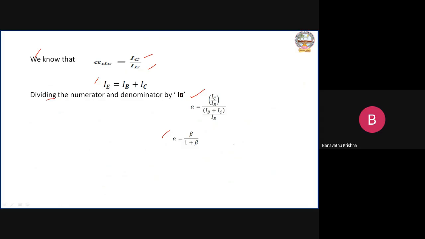Okay. Based on that concept, you have to calculate the problem also here. I was given one problem here, based on these current components and amplification factors such as alpha and beta. Based on all those things, you have to solve this problem.